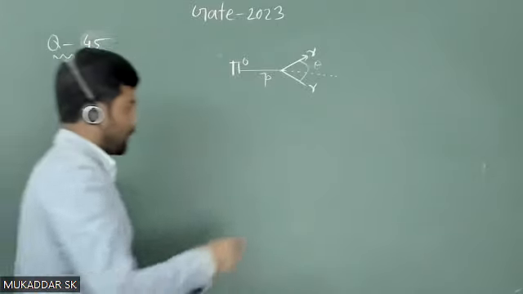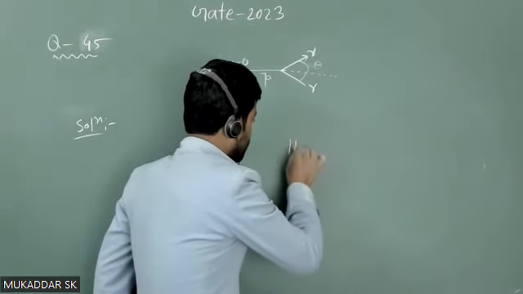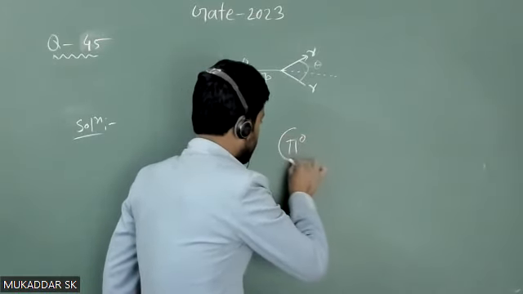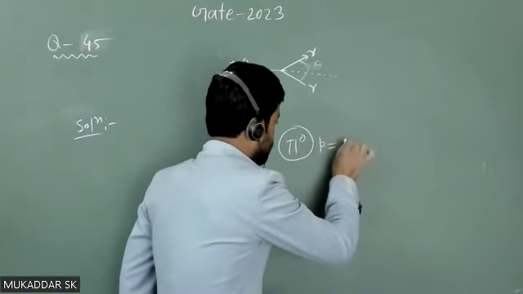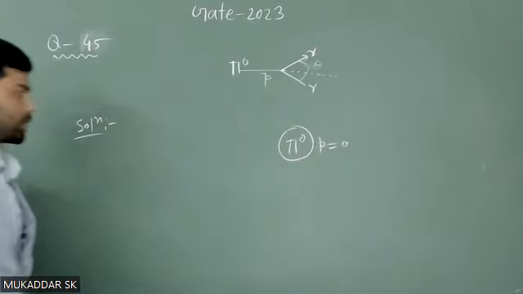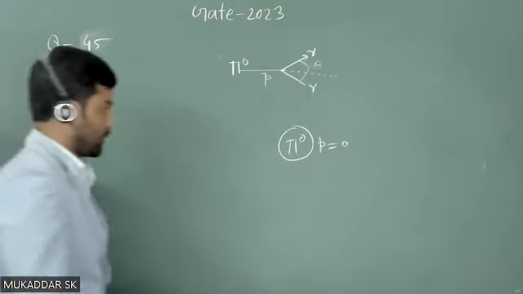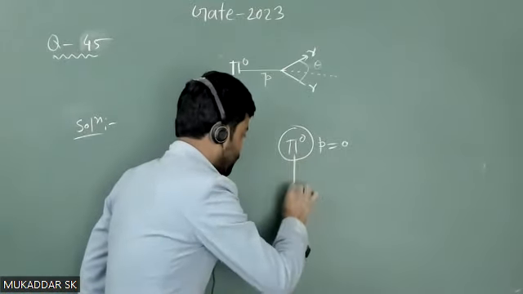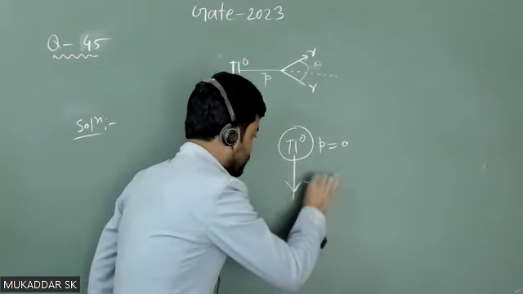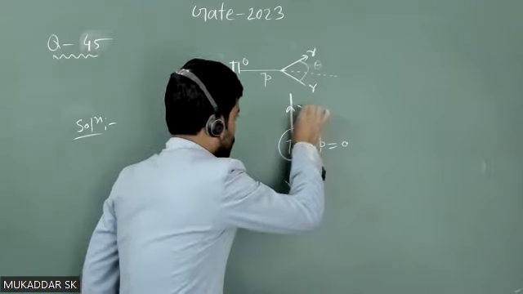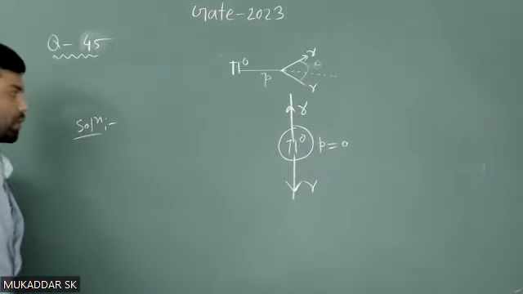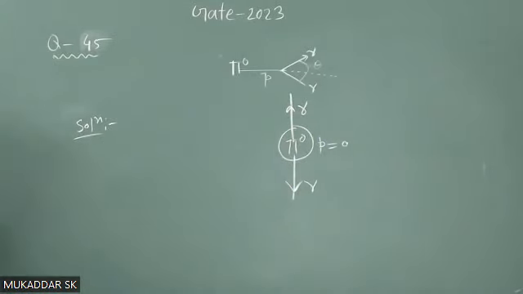As we know, when a particle, let us take the pi zero itself, is at rest, rest means it will have momentum zero. Then two photons will be emitted in exactly opposite directions in order to conserve the linear momentum, because for any nuclear interaction or any particle decay, the linear momentum should be conserved.